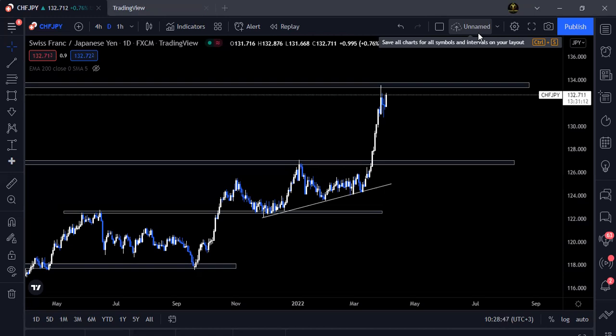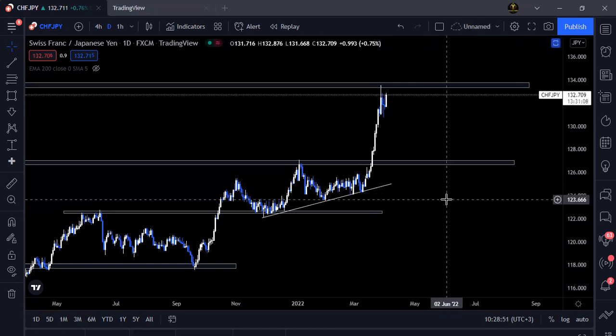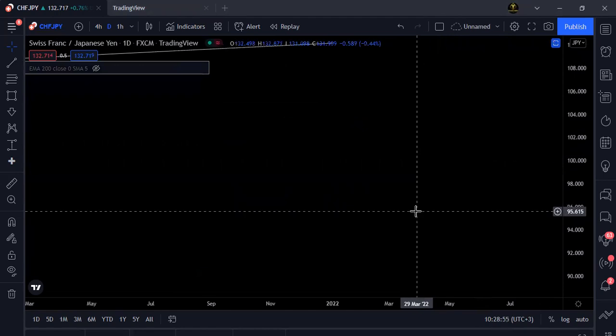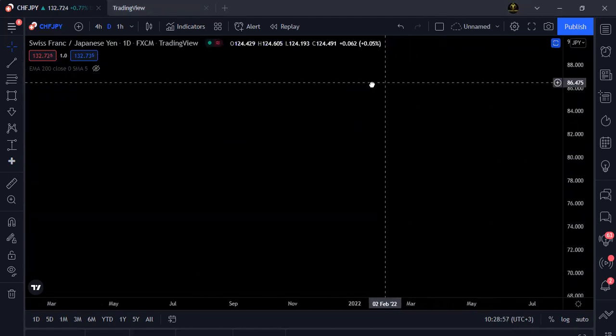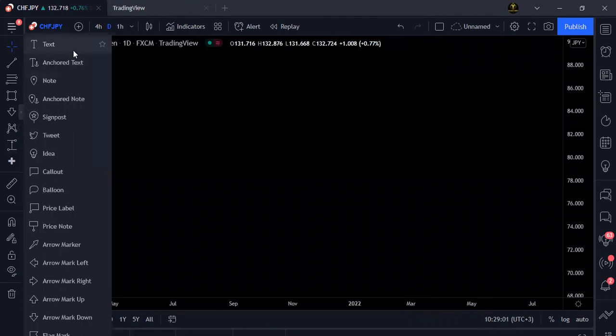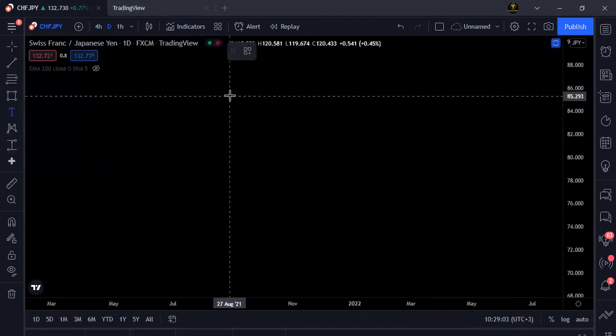Today, what we're going to be talking about are price action entry strategies, okay? So, price action entry strategies. In price action, we do have three different types of entries. Right.